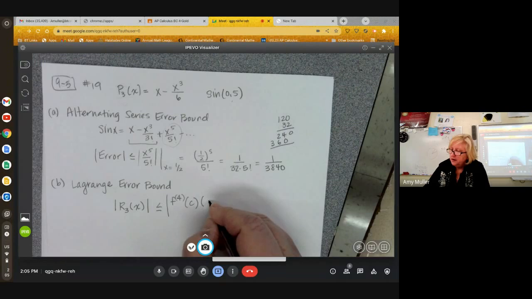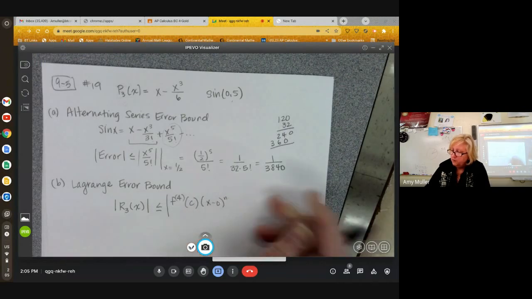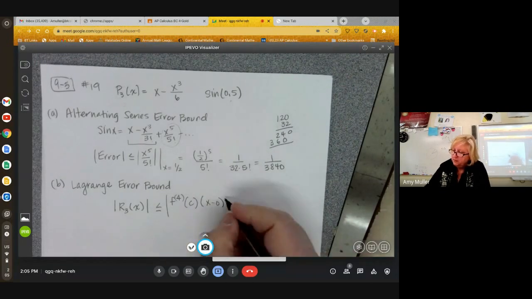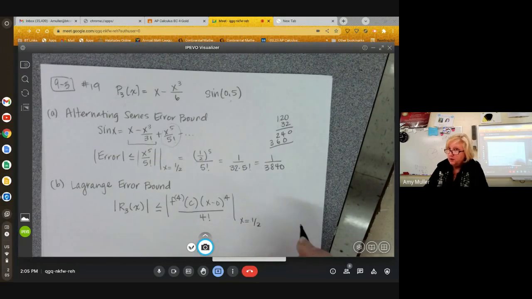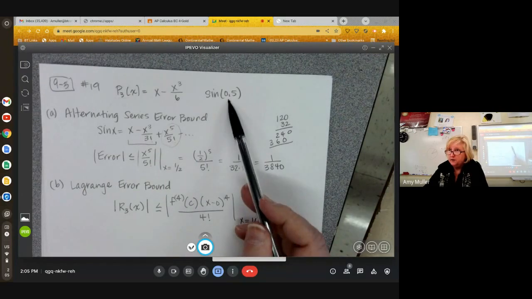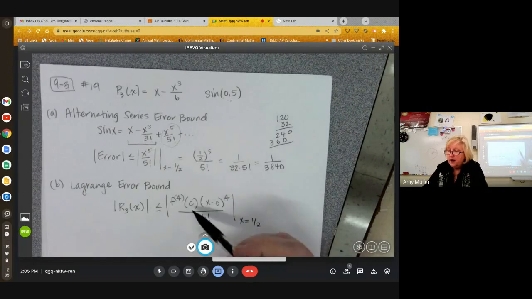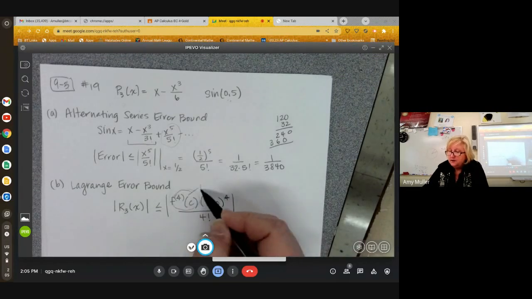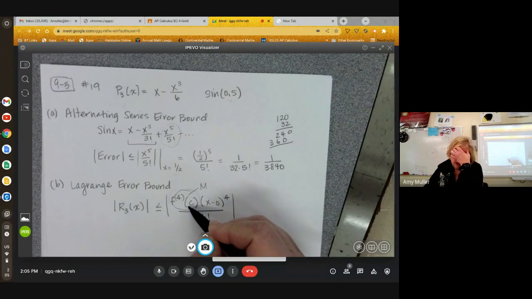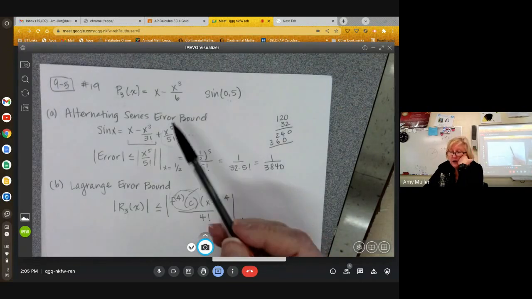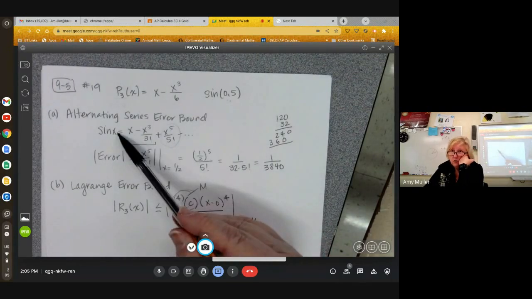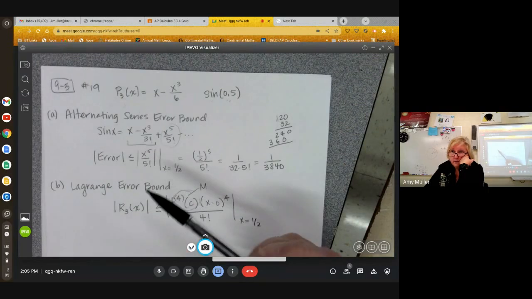So it's going to be x minus 0 to the 4th, because that's the n plus 1th, over 4 factorial, right? Such that x equals 1/2, because we know that's how far away we are from the center. All right, now I need to know M. This is the maximum of the 4th derivative. Now, does this sine function have any amplitude? The answer is no. So it's 1.